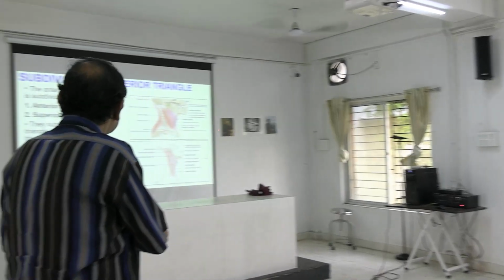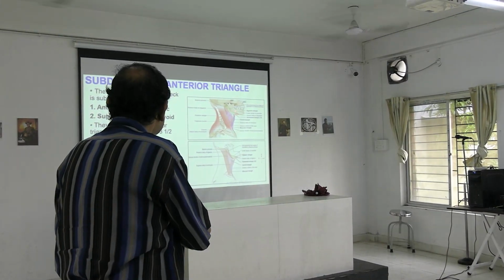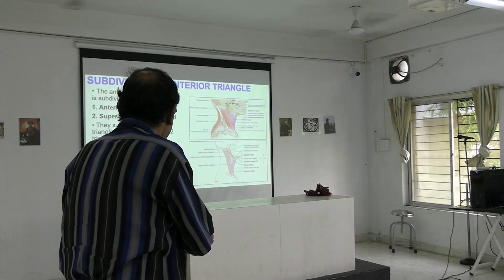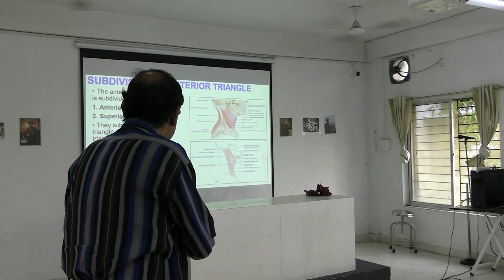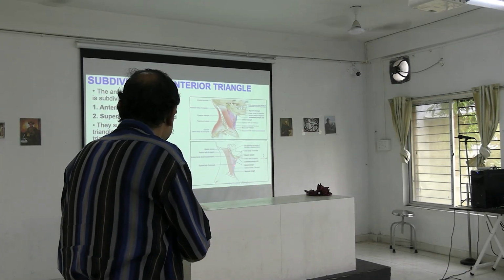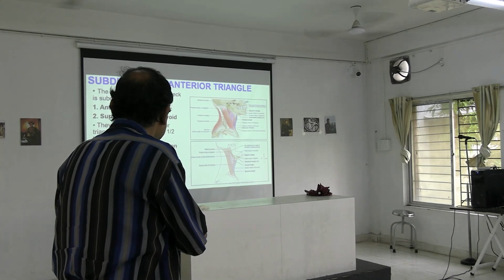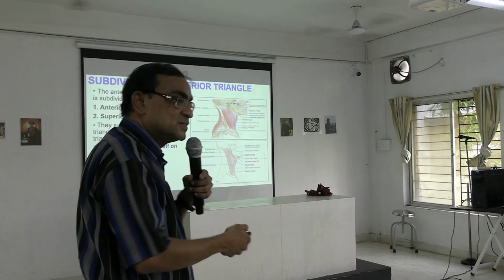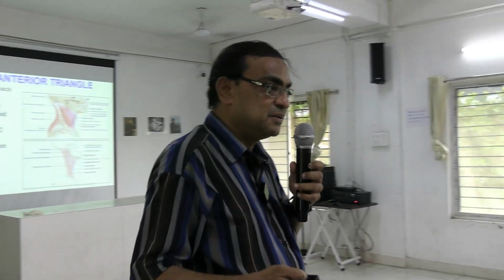It has one superior belly and one inferior belly, and that muscle also has a central tendon, which is concealed within the sternocleidomastoid muscle, so we cannot see it, but there is a central tendon.